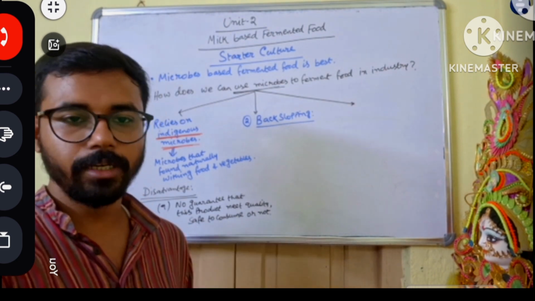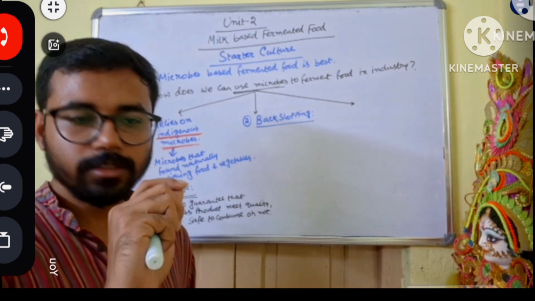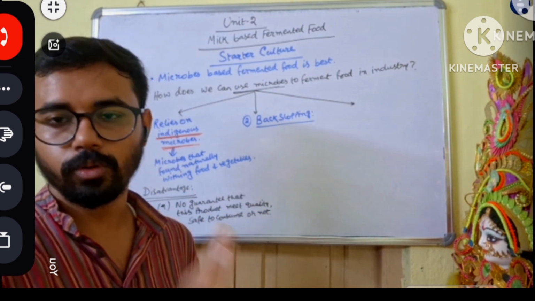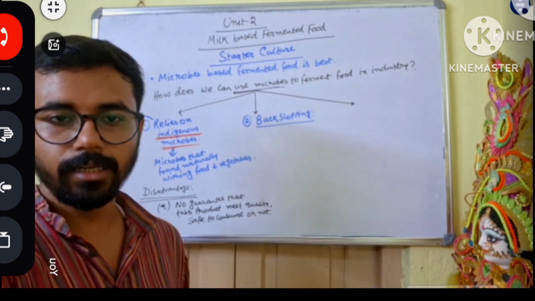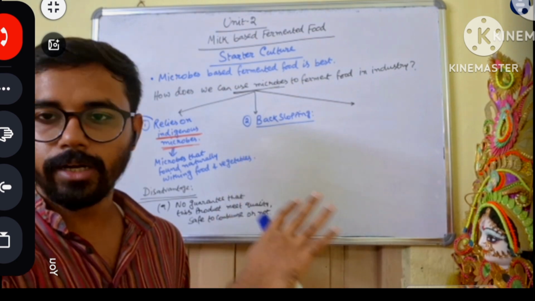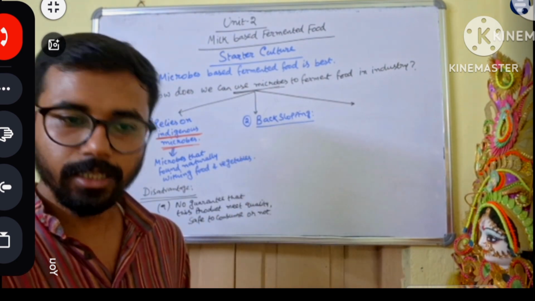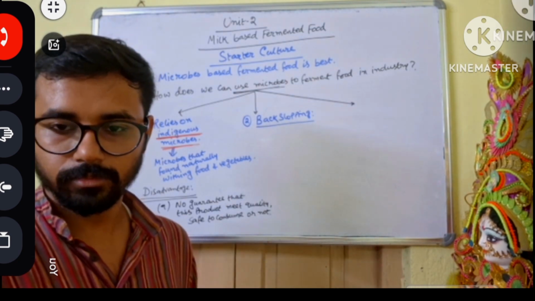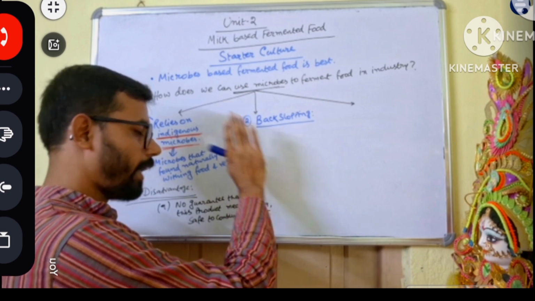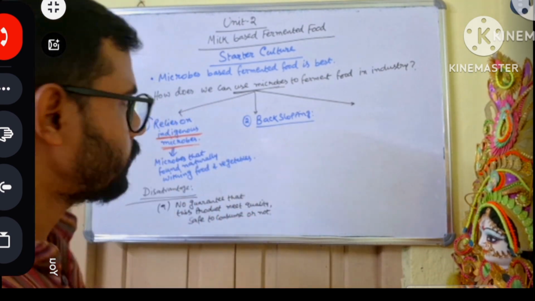So once the successful fermented food product is produced, just use a small amount of the fermented product to store, and it is used for further fermentation, because it is already fermented and the required amount of microbes are already there in the previously fermented food. That's why the second batch is automatically fermented. So it is quite easy, and back slopping is a modernized technique that is also used in the industry.